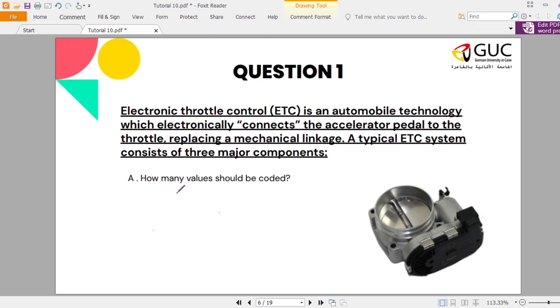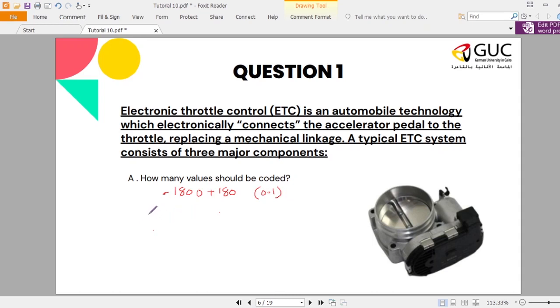So we have values in the negative from negative 180 and values in the positive up to 180, right? And the value of 0 in the middle. And we have a step size of 0.1.